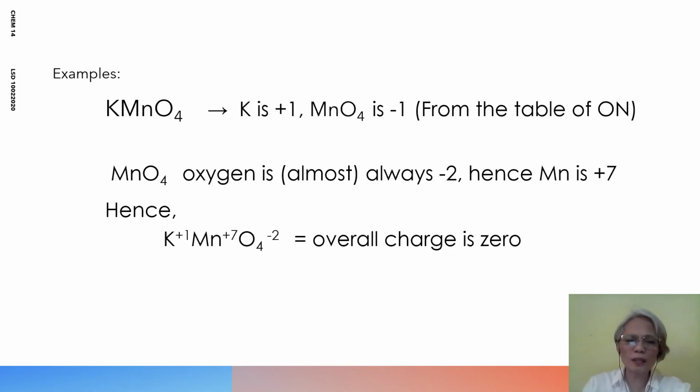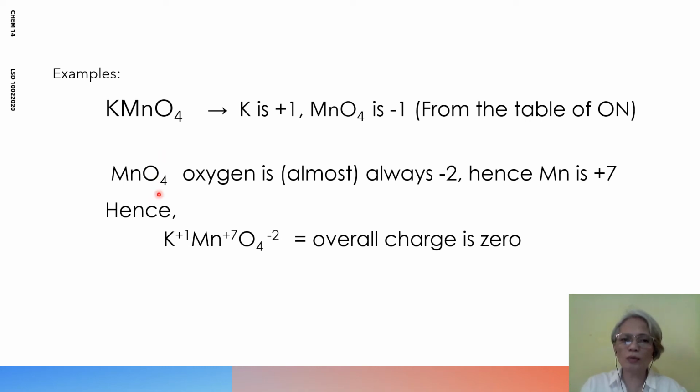So we have another example, potassium permanganate. Okay, so again, we assign the more electropositive element, which is potassium, belonging to group 1. So potassium is +1. Again, you can check the values from your valence table. Permanganate ion has a charge of -1. Okay, so oxygen is almost always -2.